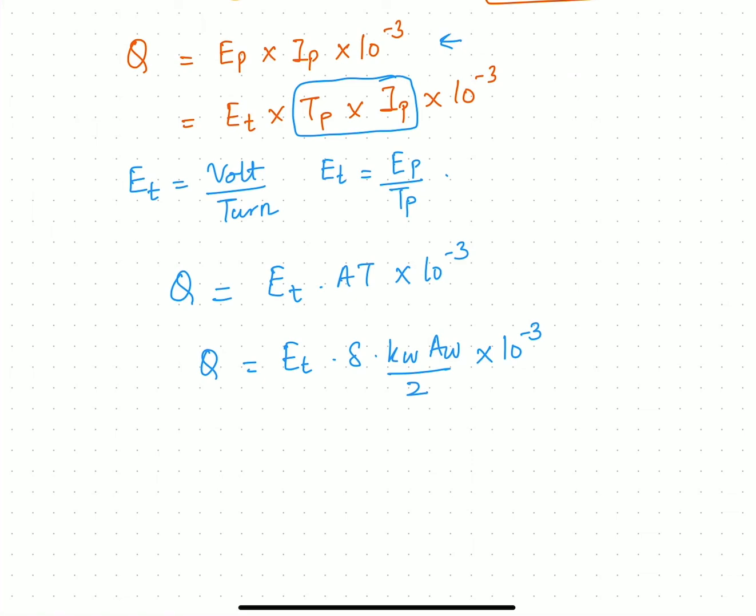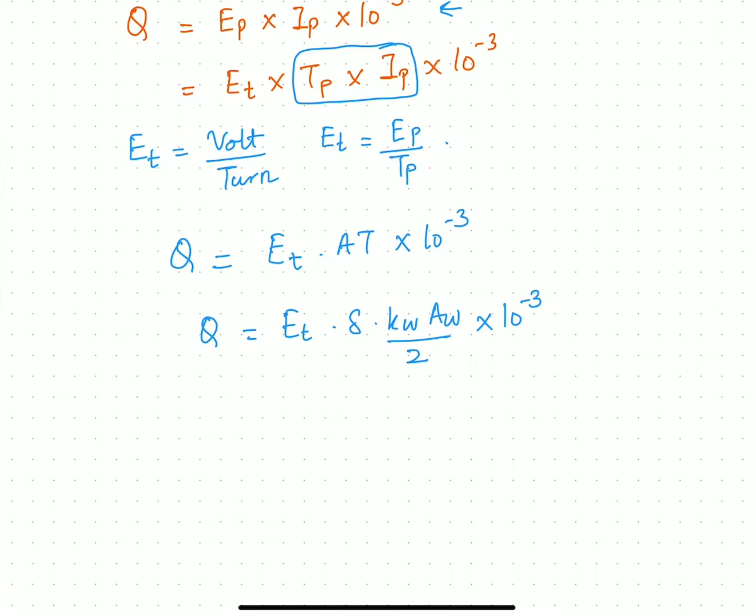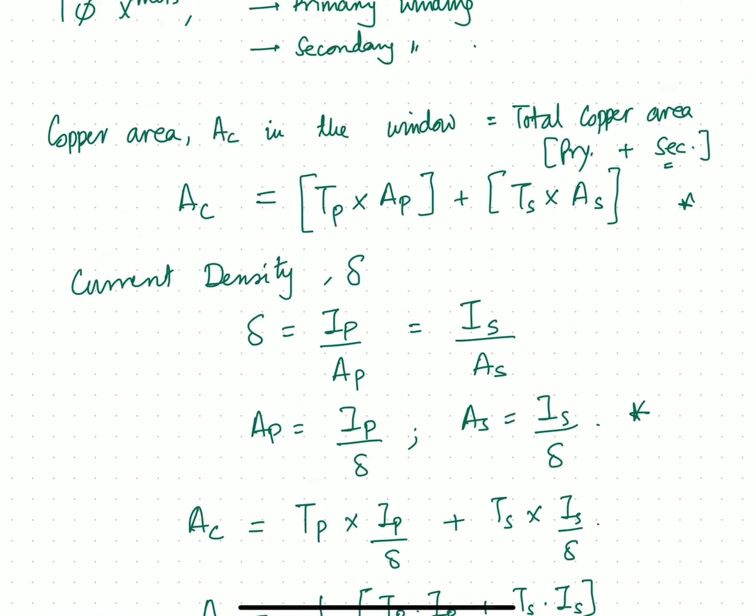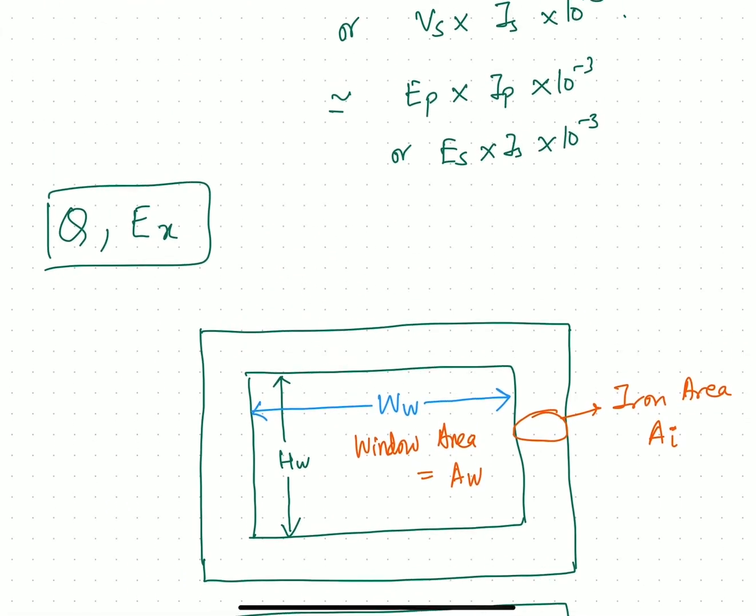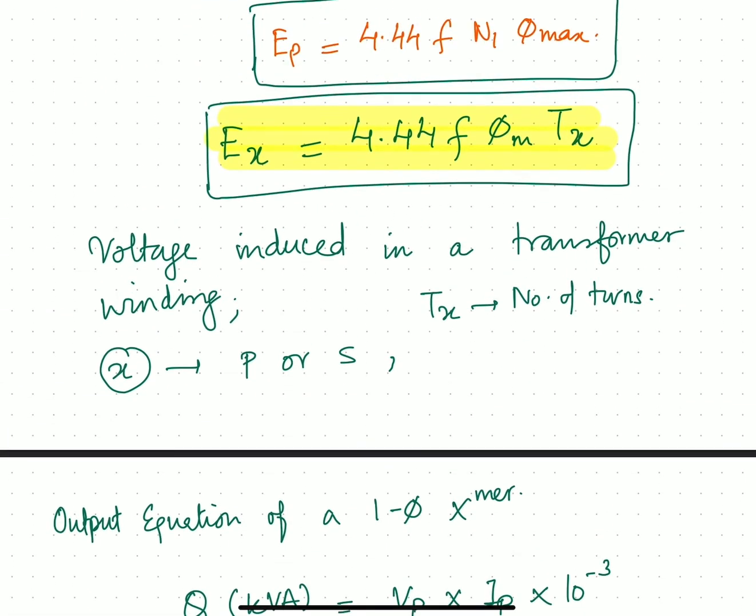And if you substitute the value of this EP, and if you go up to the previous equation, which is this, if you see EX over TX, what is this?